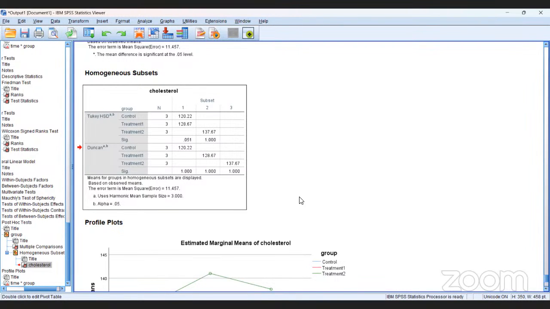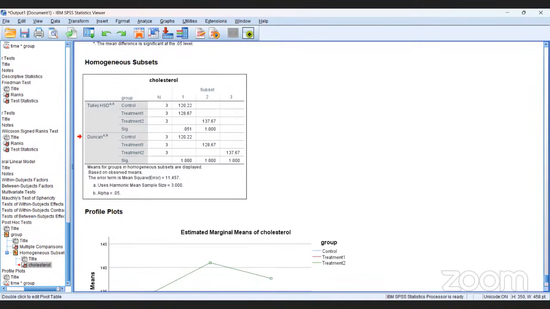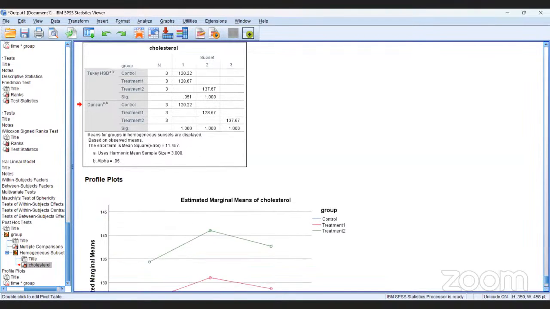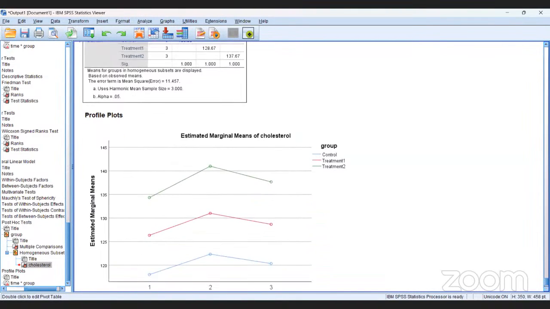If you find that ANOVA with repeated measures by the groups are significantly different, then you can do this type of analysis. And this data already I have discussed.